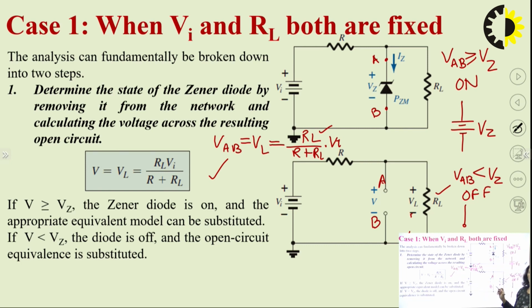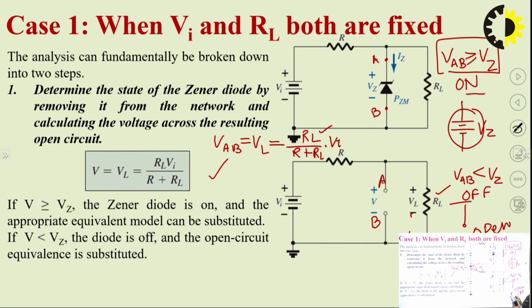Now we compare this voltage VAB with Vz, the Zener voltage. If it is greater than or equal to Vz, then the diode will be in the on state, and it will be replaced by a battery of value Vz. But if this value is less than Vz, then it will be in the off state, and off means open circuit.